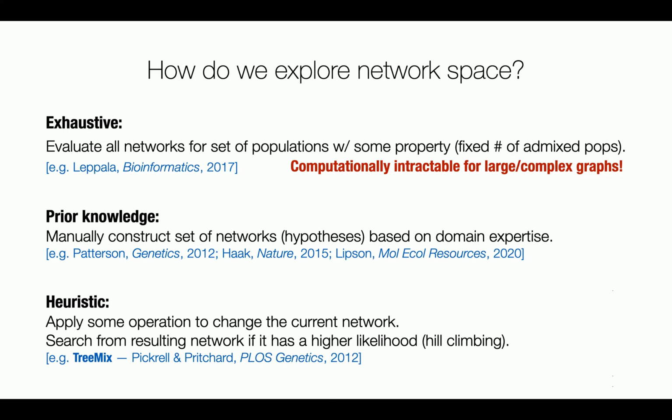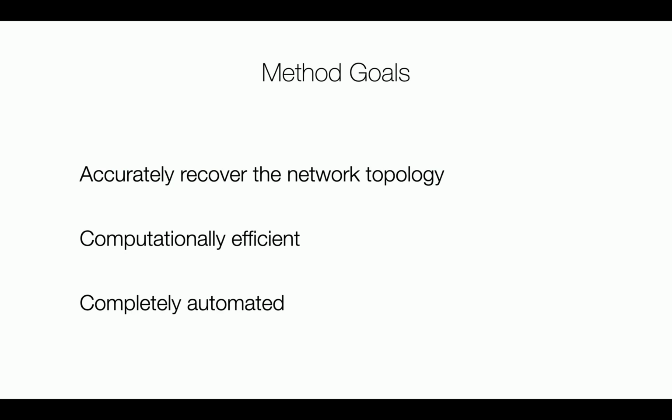This type of strictly hill-climbing approach is taken by the popular method TreeMix, which was developed by Joseph Pickrell and Jonathan Pritchard. So our main goals are to have methods that are not only completely automated and computationally efficient, but that are also accurate. Specifically, they recover the correct network topology.